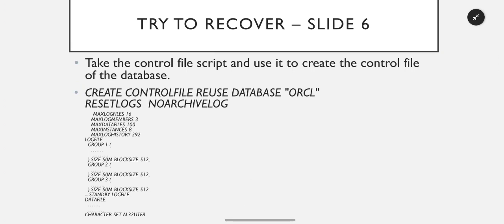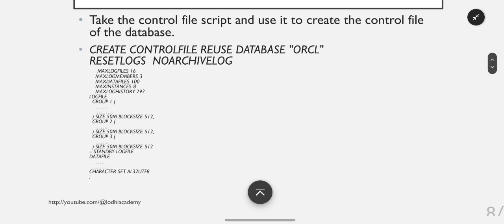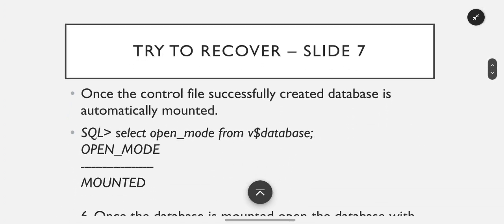CREATE CONTROLFILE REUSE DATABASE, then SID, like for example ORCL, then RESETLOGS NOARCHIVELOG. This command is written there complete, so you can check. Where dots are mentioned there, you have to specify your files with the directory. You have to prepare this command carefully and then run it.